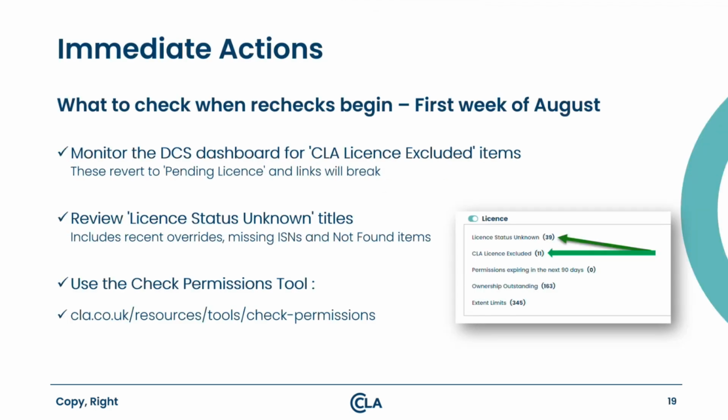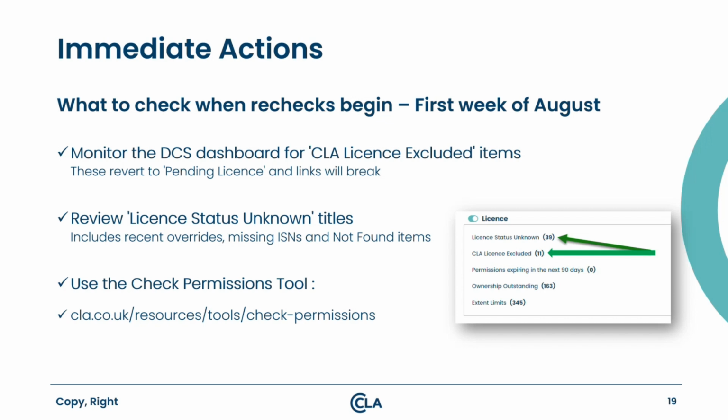So just to round off, I'm going to briefly go over some reminders on what to check when rechecks begin. Some immediate actions to take in the first week of August are to check your dashboard for any items marked as CLA license excluded. These will revert to pending license and break, so make sure to check them.